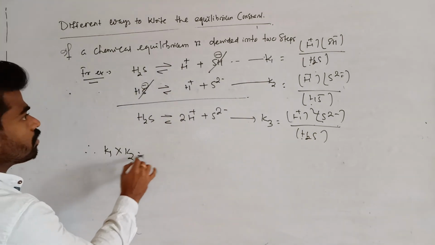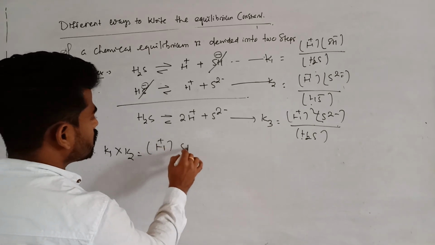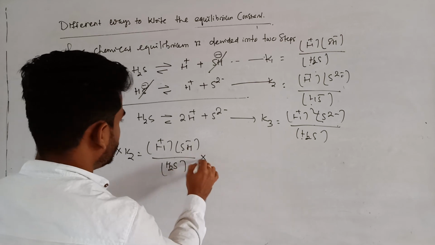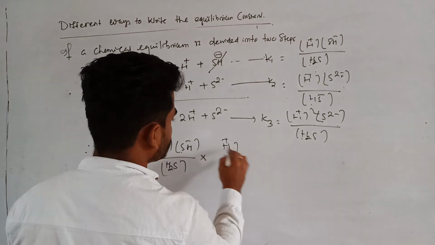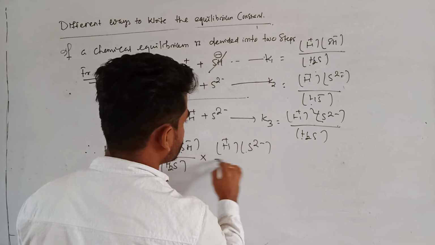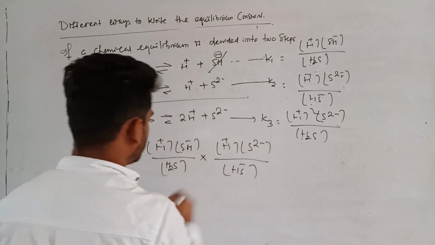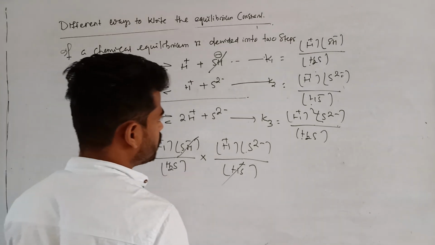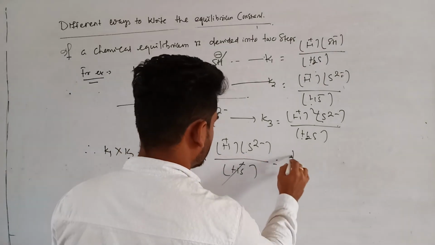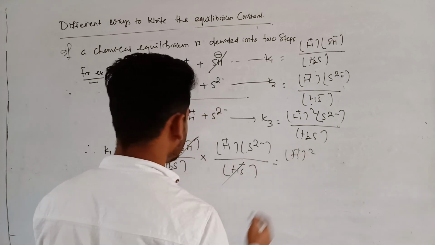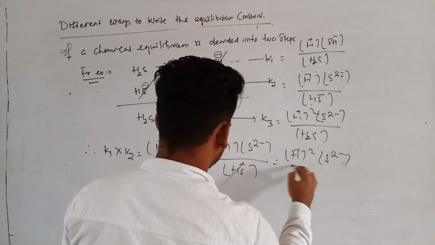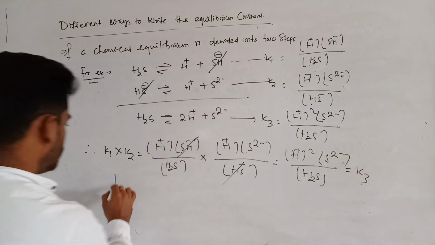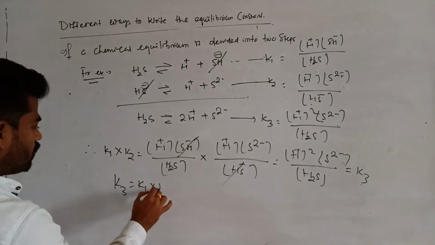K1 into K2 will be H plus SH minus divided by H2S into H plus H2 minus divided by HS minus. Okay, so here this one gets cancelled. So you are getting over here H plus whole square H2 minus upon H2S, that is nothing but your K3. So K3 is equal to K1 into K2.